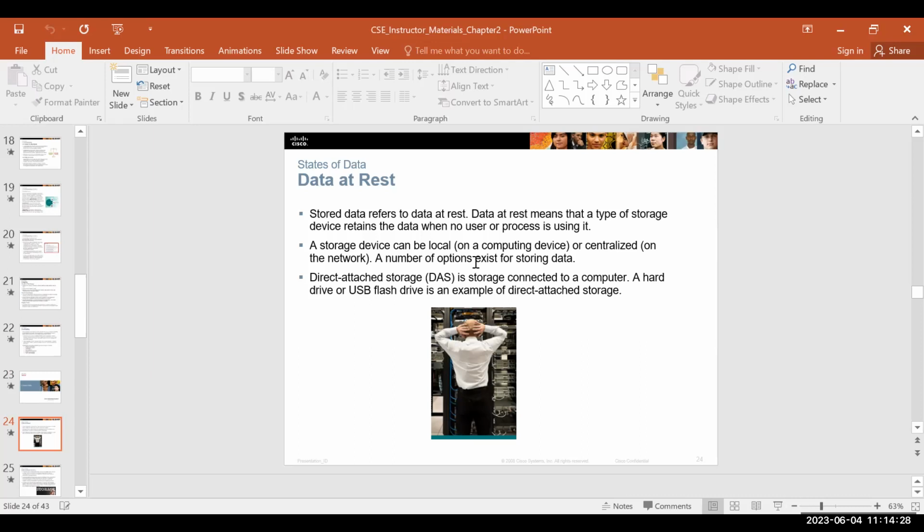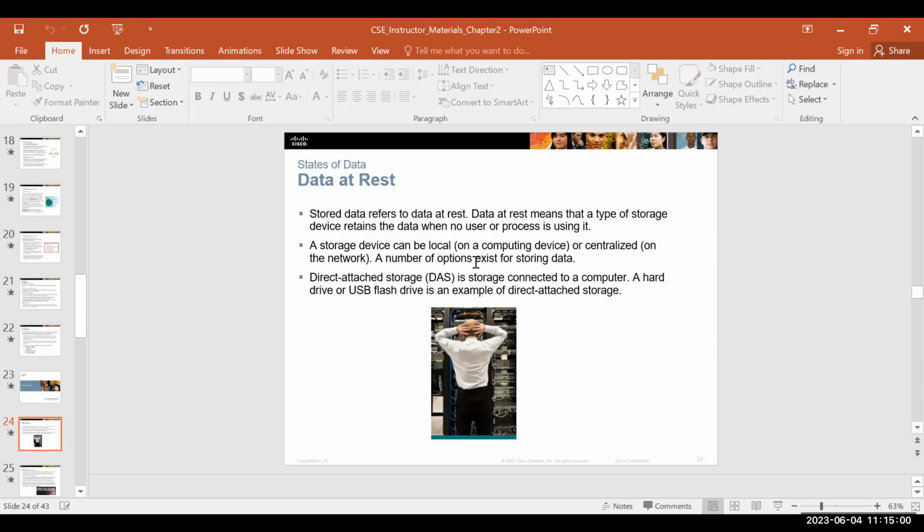Local means like the hard drive of your computer, because it's inside your laptop, and you're storing the data inside that hard drive. Or centralized, that is on a network in the case of client-server architecture. You have a central server and all the client systems are connected to that server, so they access the information and data when they need them.